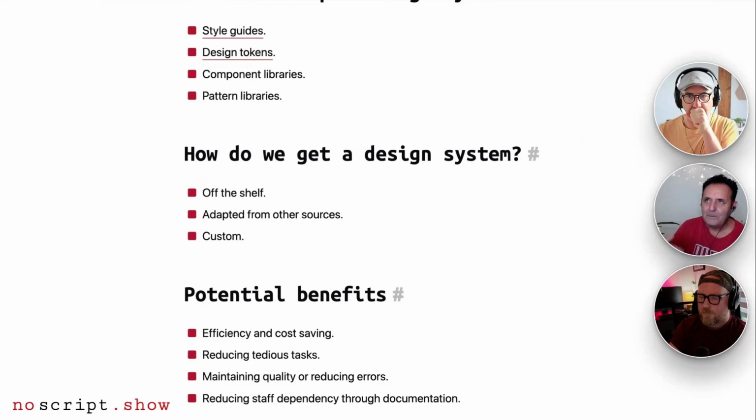Particularly as things change, particularly as we become more aware of getting back to the basics of the web, making sure that it is truly inclusive, that it does look at accessibility. This is something that I think has grown. It wasn't there so much back in 2014, when I think we had this resurgence of the idea that we could have great design systems.